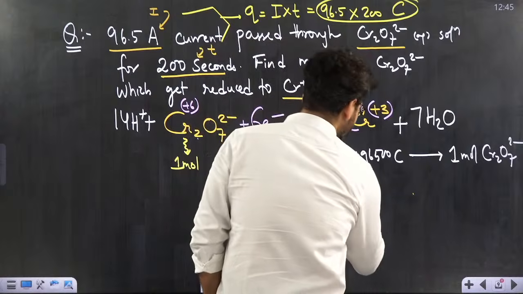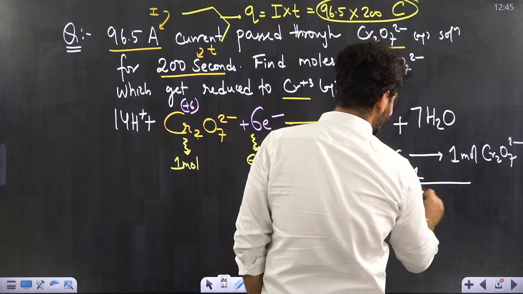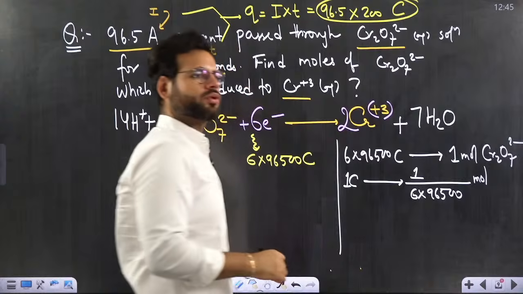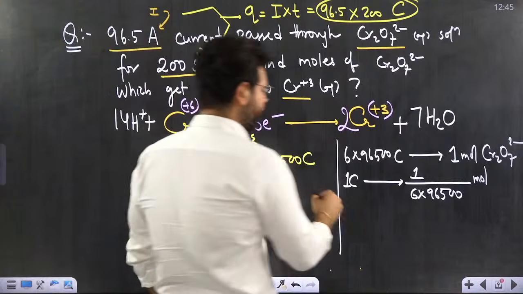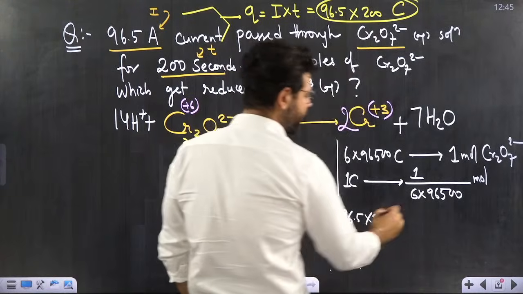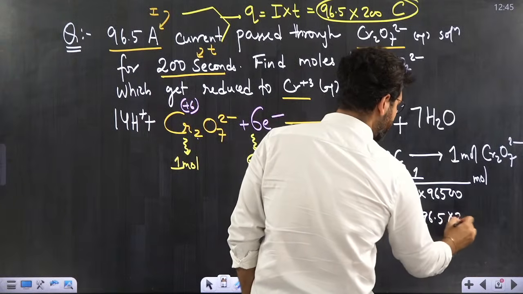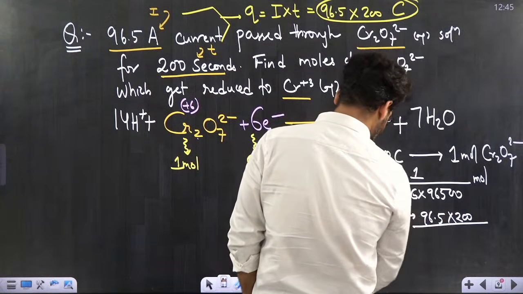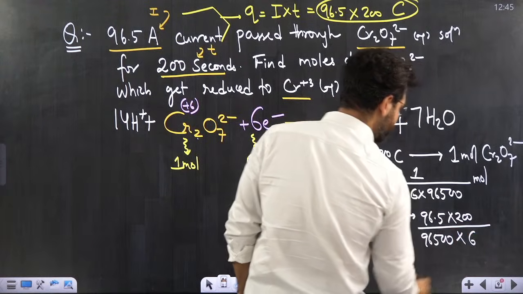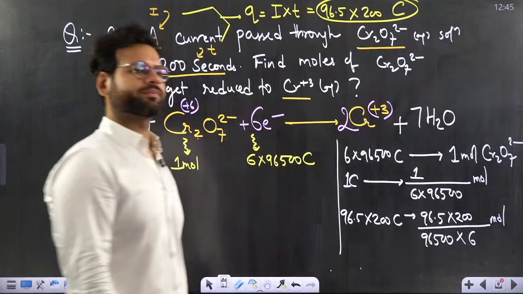So when 1 coulomb charge is passed, 1 by 6 into 96500 mole gets reduced. And when 96.5 into 200 coulomb charge is passed, this value gets multiplied on the top: 96.5 into 200 by 96500 into 6 moles of dichromate get reduced.